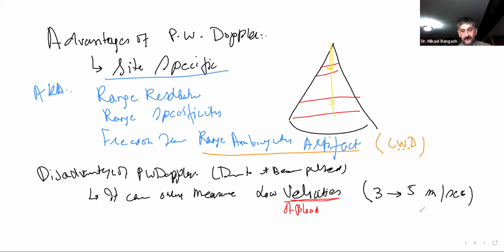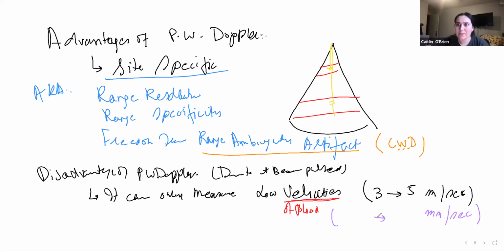Now, what would this 3 to 5 meters per second have been if it said millimeters per second? What would have been the value then?